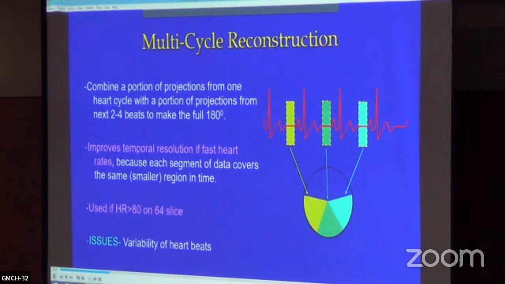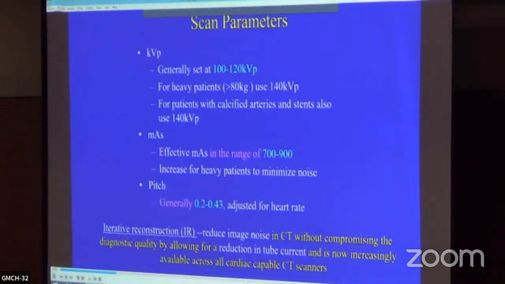However, most of the lesser generation multi-slice CT scanners use multi-cycle reconstruction, which improves the temporal resolution if the heart rates are fast. So if on a 64-slice CT the heart rate is more than 80, it will start utilizing multi-cycle reconstruction. However, if the patient has variability of the heart rate, then that can lead to problems. So these are some basic things which you should keep in mind.